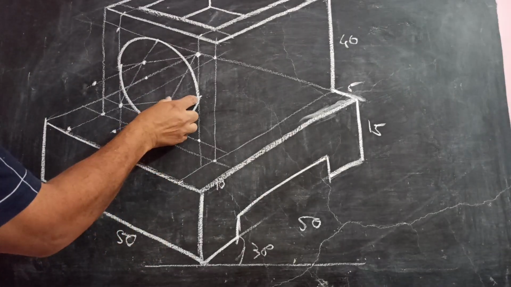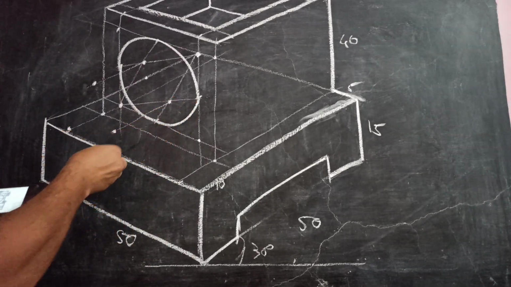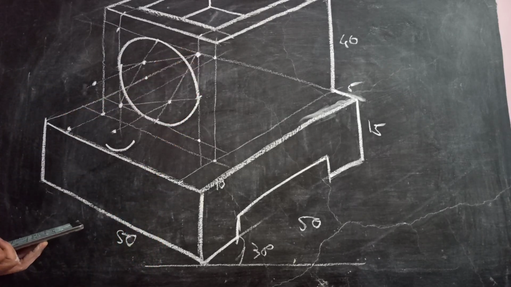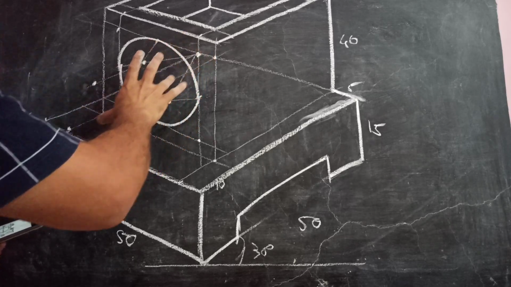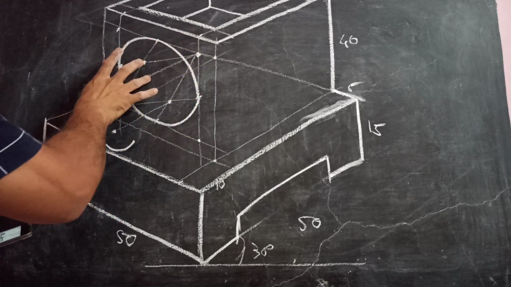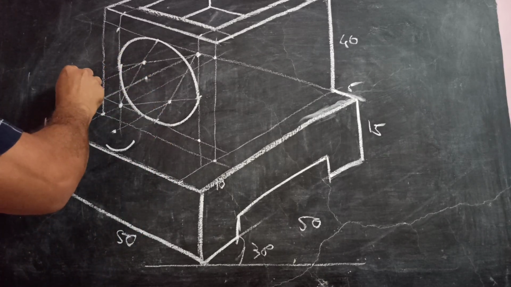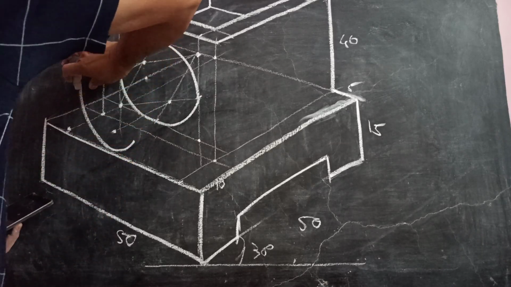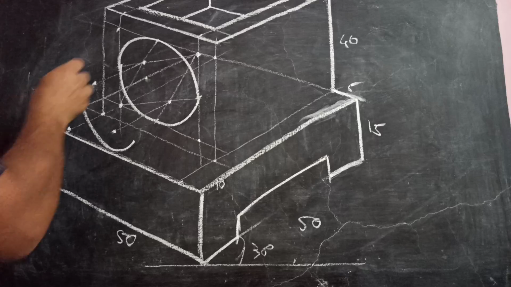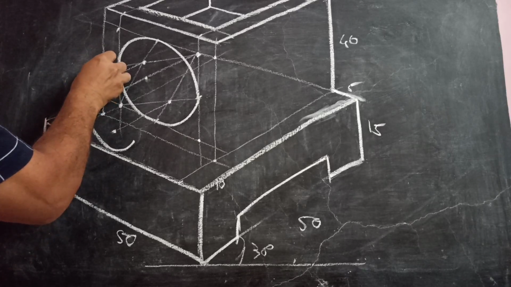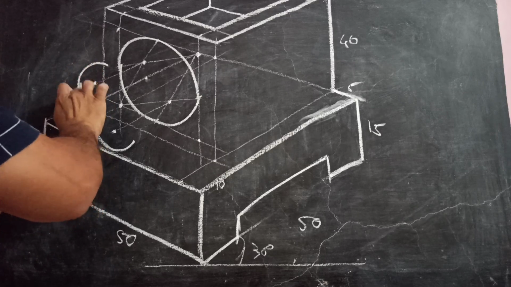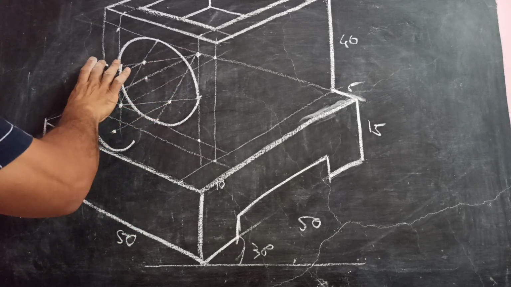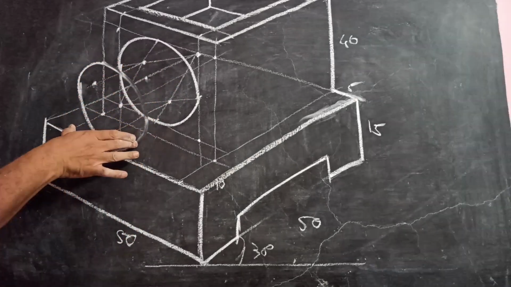With the same radius, you can draw this, and take this much as radius, this as center. Then take this much as radius, you can complete this, and this as radius, you can complete.